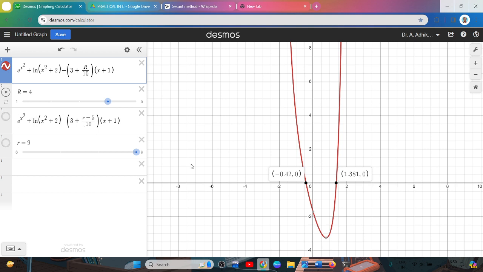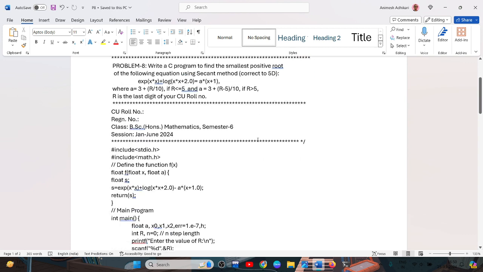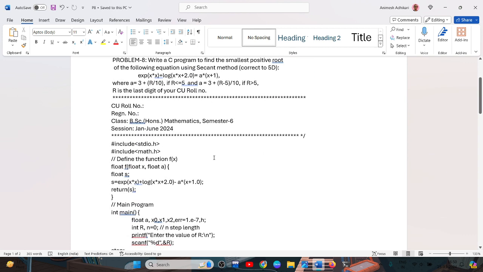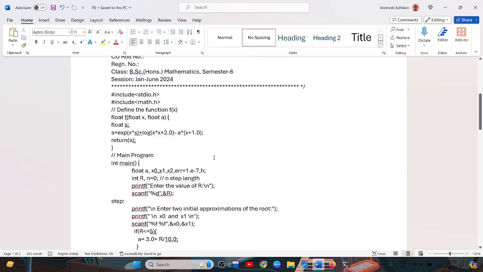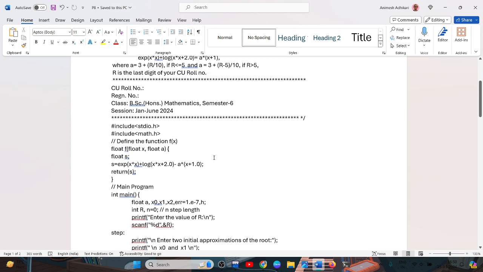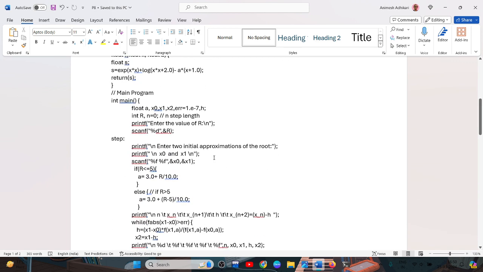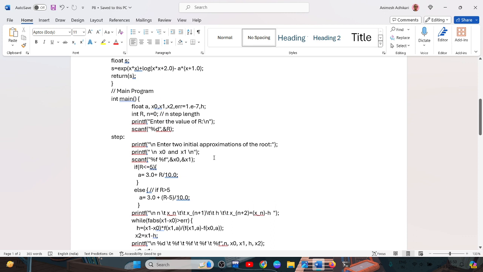So this is the Desmos app, and this is the Word file for this problem. Sorry, it is not step length, this is the step counter.